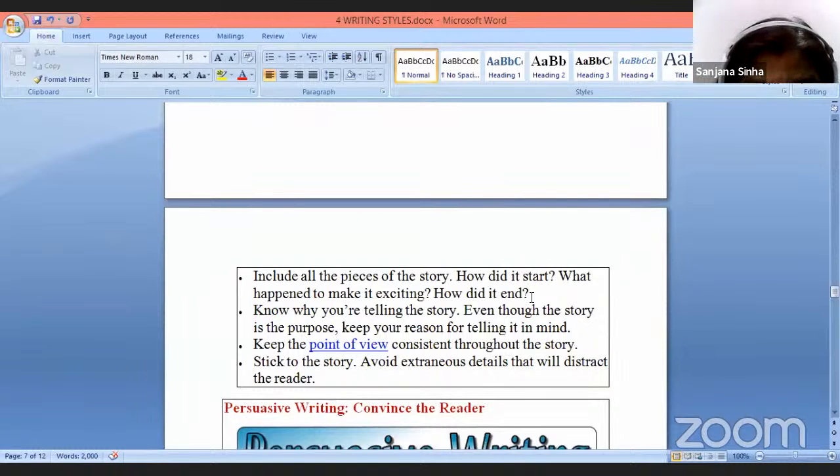Know why you are telling the story. Even though the story is the purpose, keep your reason for telling it in mind. Keep the point of view consistent throughout the story. Stick to the story. Avoid extraneous details that will distract the reader. Do not add a lot of details that can exhaust the reader.